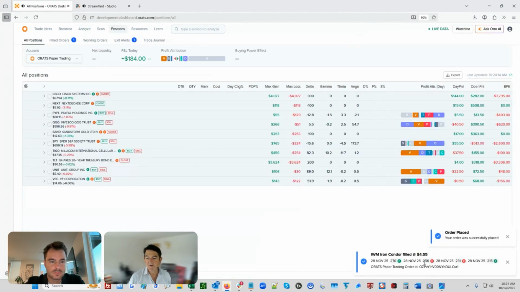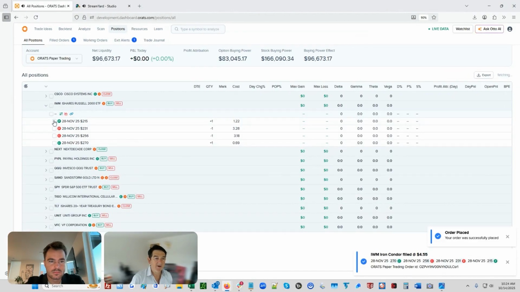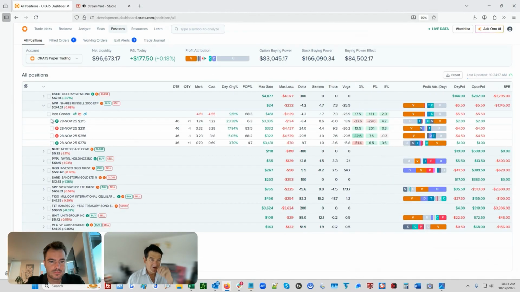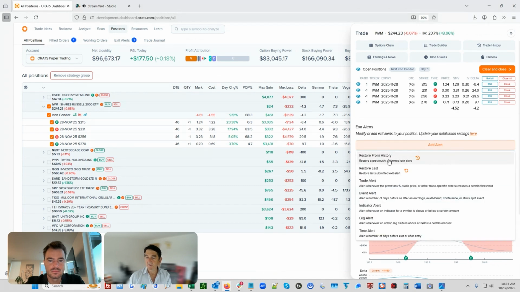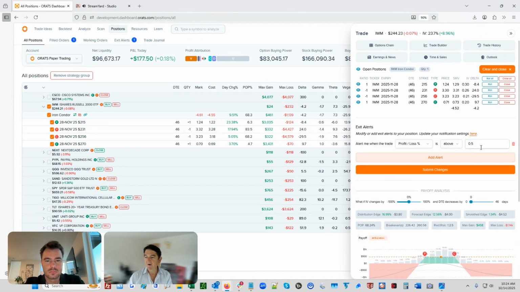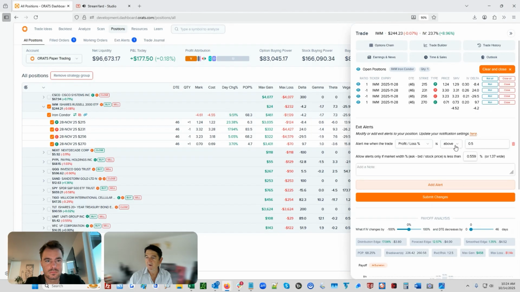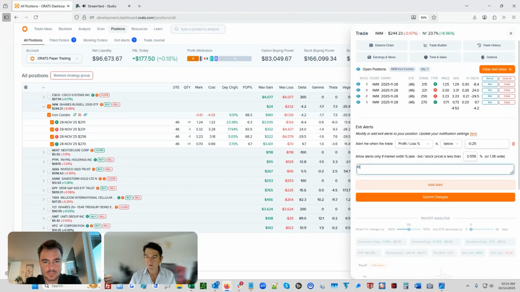Yeah, and then so we found a trade that has good edge. Now we put it in our paper trading, and now we can put notes. First of all, we want to get a trade alert when our loss is below 25%. And then this is the Trader Hub, so this is where we did it, and then the theoretical values that we put on.